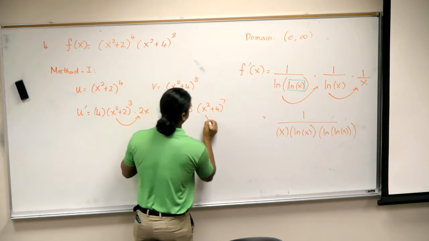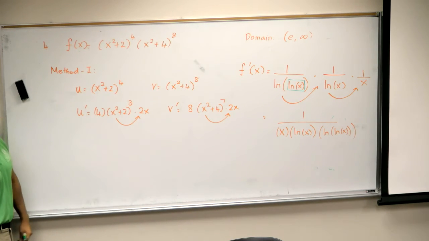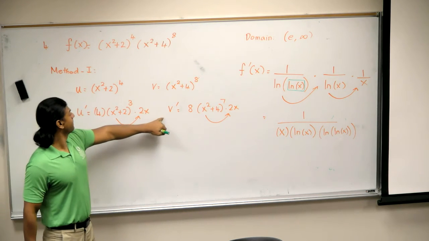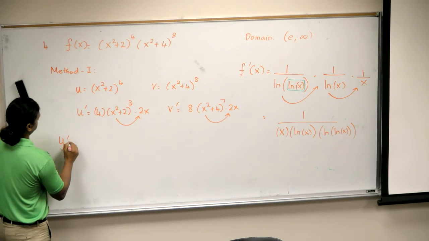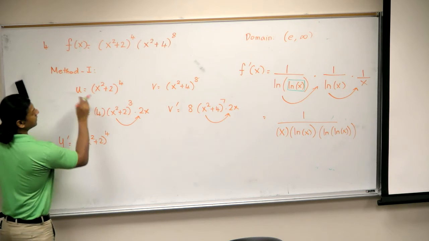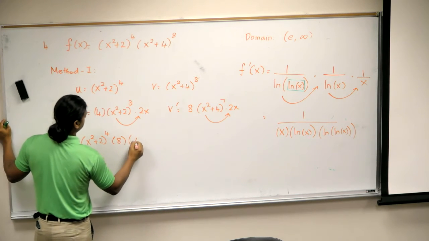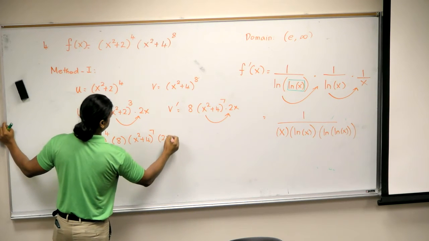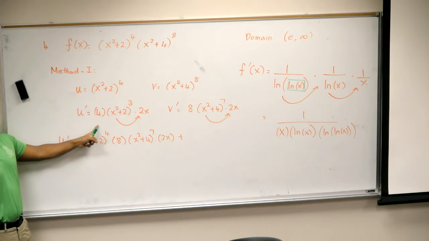No. Multiply by 2x. Now I'm done. So u v prime plus v u prime.